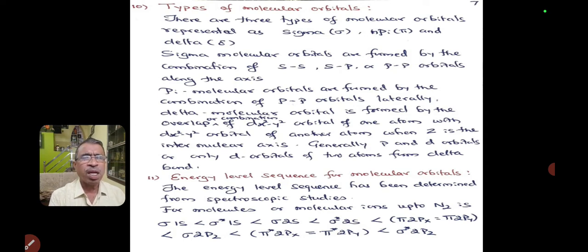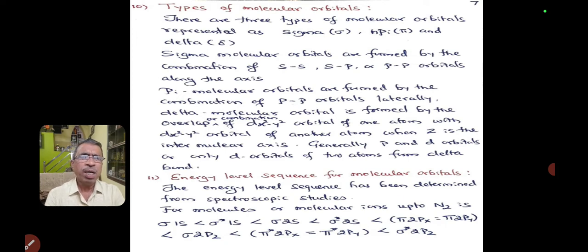Similarly, in molecular orbitals, when 1s combines with another 1s, it results in the sigma 1s molecular orbital and the sigma star 1s molecular orbital. Similarly, when a 2s atomic orbital combines with another 2s atomic orbital, it results in the sigma 2s molecular orbital and the sigma star 2s anti-bonding molecular orbital.